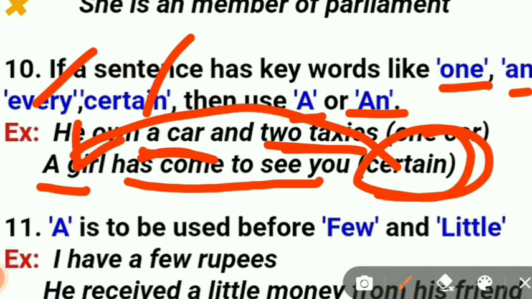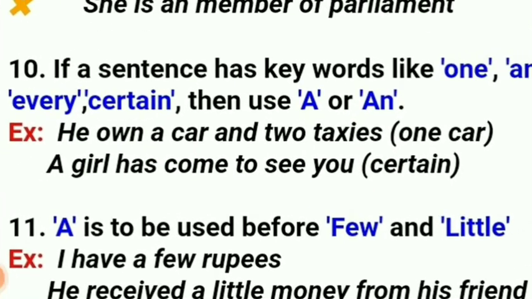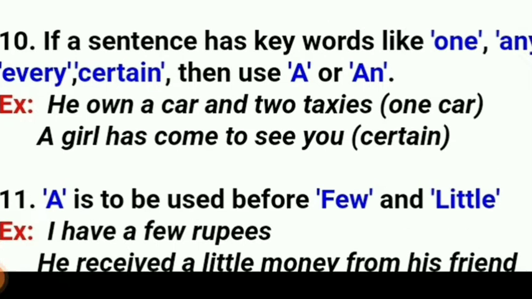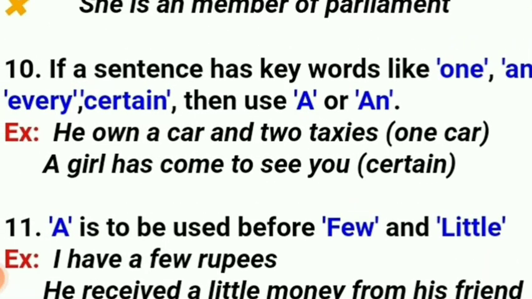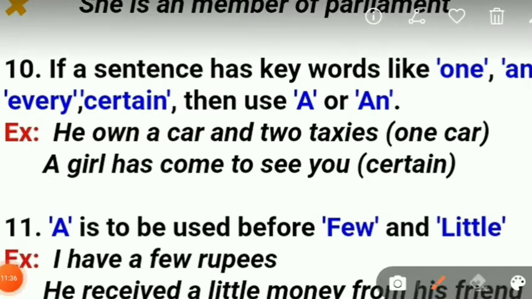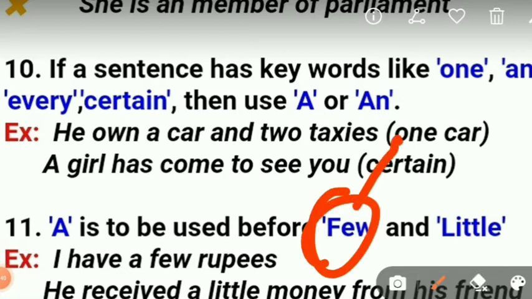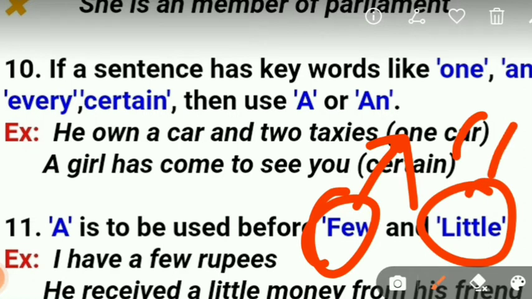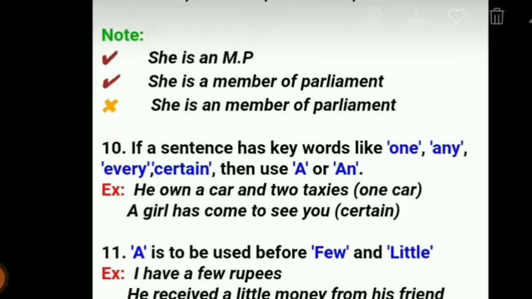A certain girl, a particular girl, only one girl is there, that's why we use a. Next, a is used before few or little. I have a few copies of it. Few and little mean something is there, more than two. That's why we use a or an.